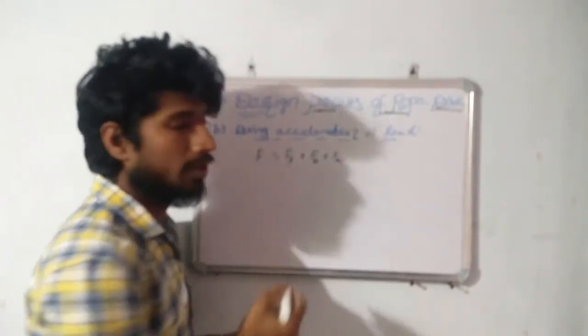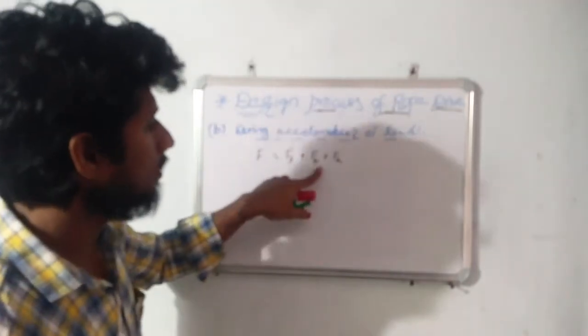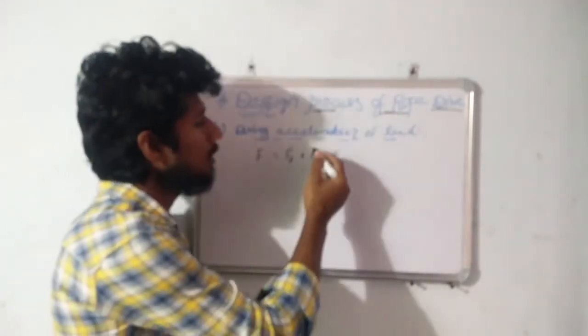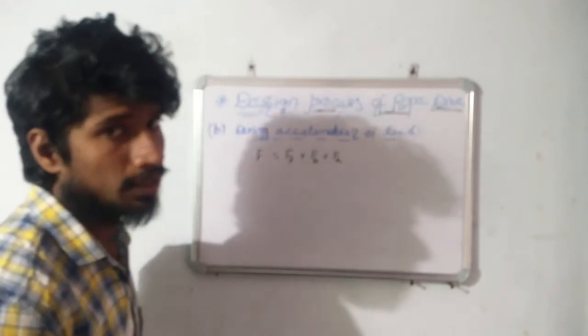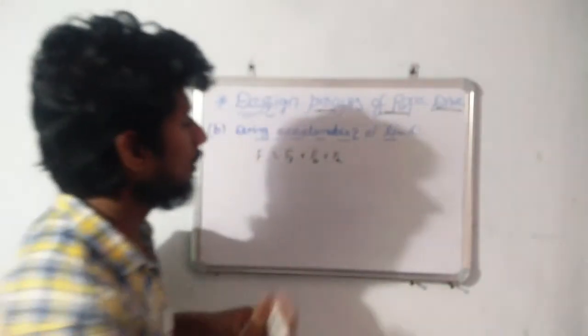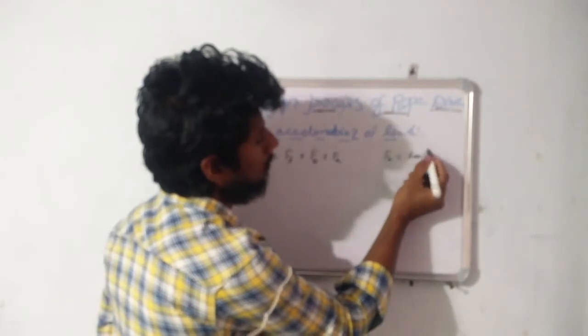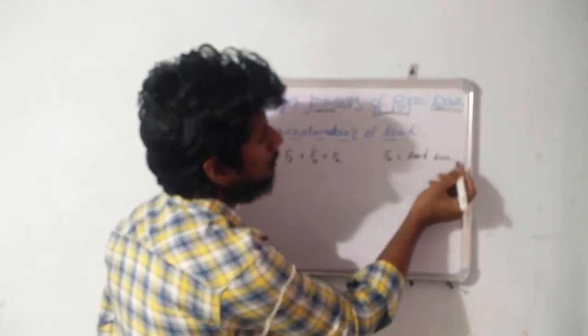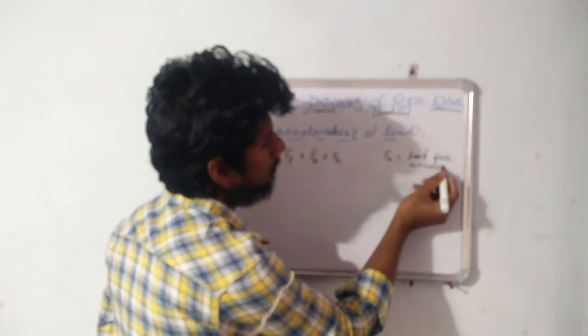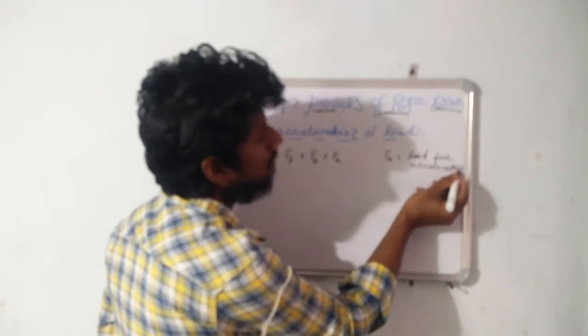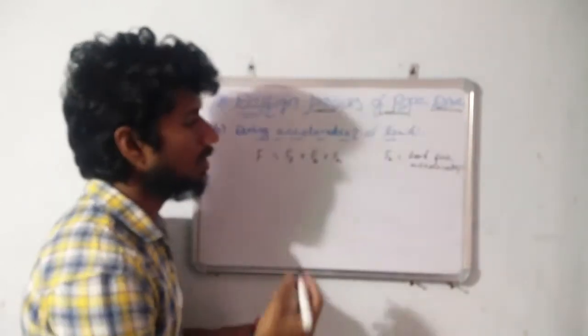It is already derived in the previous step. Next, Fb is the direct bending stress acting on the rope, and after that Fa is the load due to acceleration, or force due to acceleration, whatever it means.